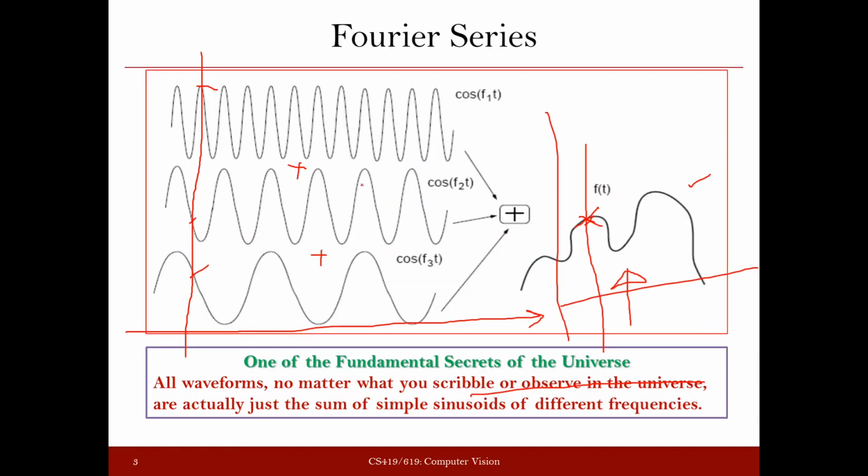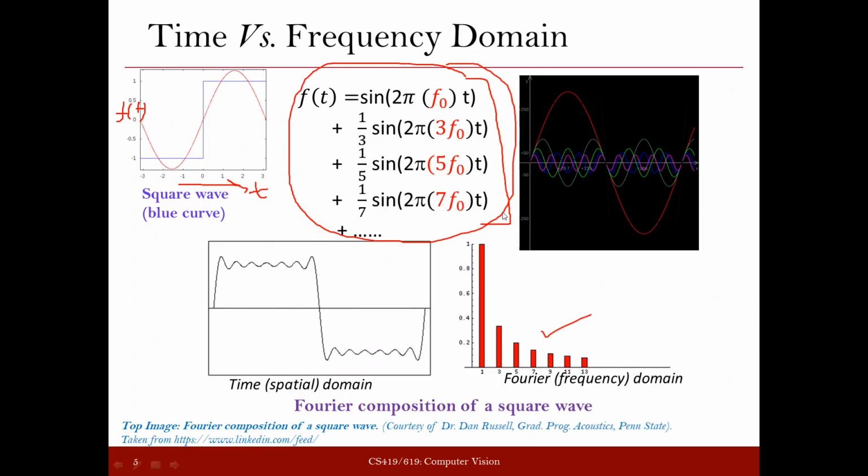So it is very important to remember that for any given function in the original domain, the function can be defined with the help of the variables that you have there. But when you take that function to the frequency domain, when you do the Fourier transform, more precisely here we are talking about the Fourier series, and you convert the given function with the help of Fourier series, you get a representation that is in some sense an alternate representation.